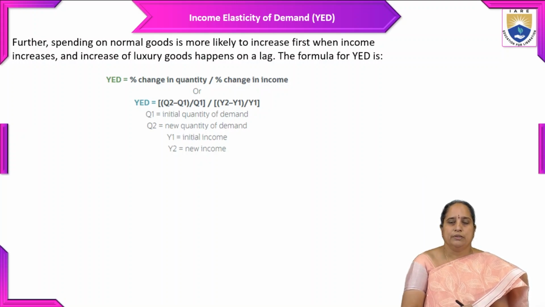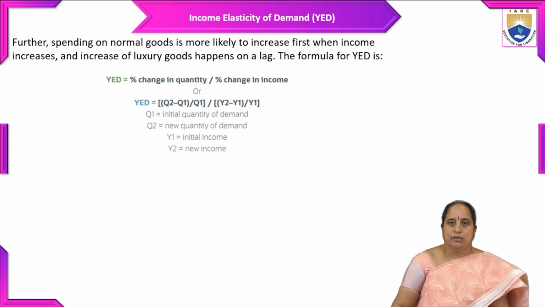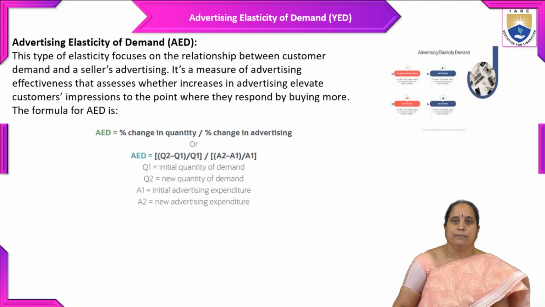The formula for income elasticity of demand is the ratio of the percentage change in quantity to the percentage change in income, where Q1 is the initial quantity demanded, Q2 the new quantity demanded, Y1 the initial income and Y2 indicates the new income.